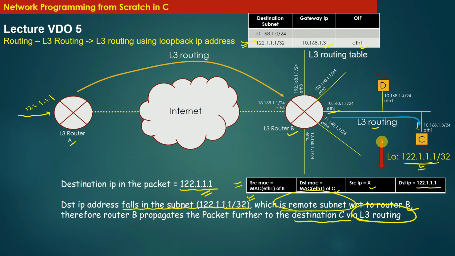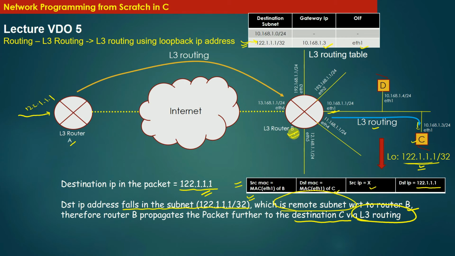So the point to note here is that instead of L2 routing like in the previous example, here L3 routing is being used in order to propagate the packet from L3 router B to the destination machine C, despite the fact that destination machine C and L3 router B share a local subnet 10.168.1.0/24.